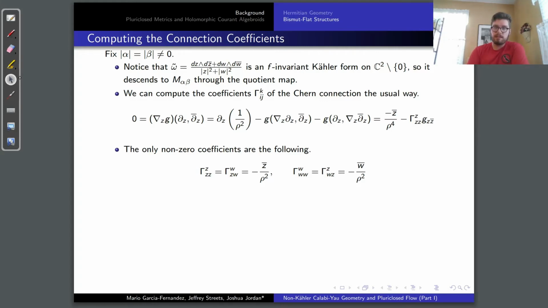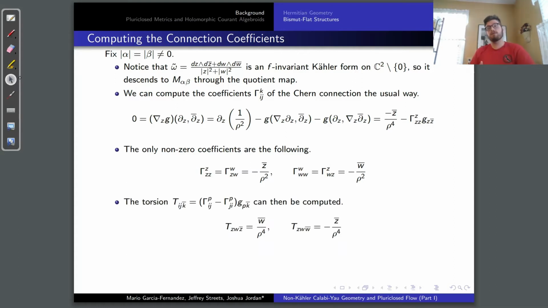Something worth noticing is that if you take the connection derivative of del w, there's not a del z component to that. You can also see this is clearly not torsion free, because if you swap z and w, you don't get this guy again.